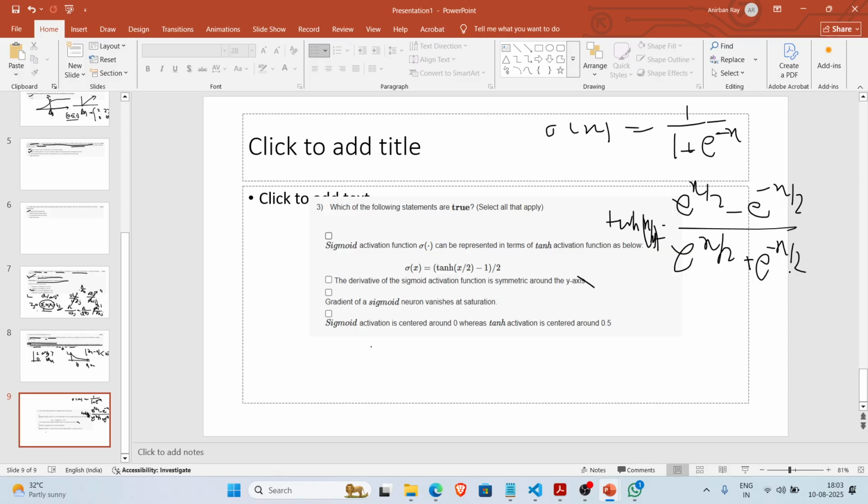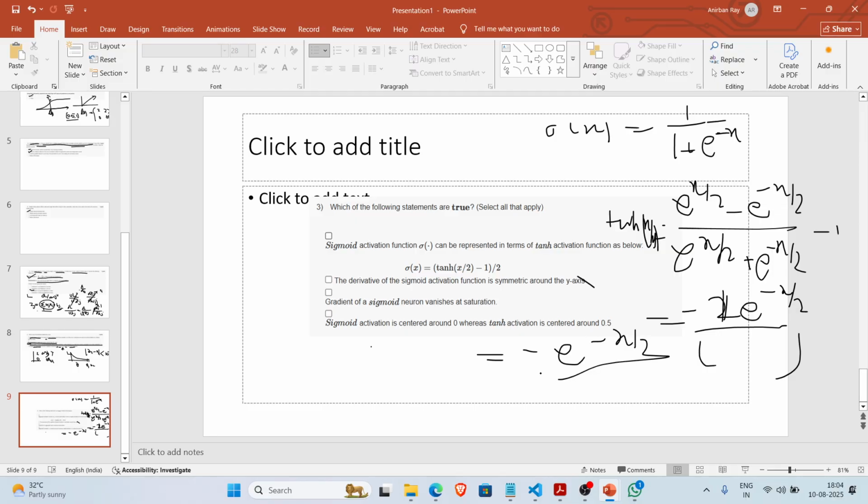Now what you do is subtract 1 here. This becomes negative, so it becomes minus 2 times e to the power minus x by 2, divided by the numerator which remains the same. Now divided by 2, so this goes away. What remains is minus e to the power minus x by 2 over e to the power x by 2 plus e to the power minus x by 2. Divide by this, so this goes away and this becomes minus 1 over e to the power x plus 1.